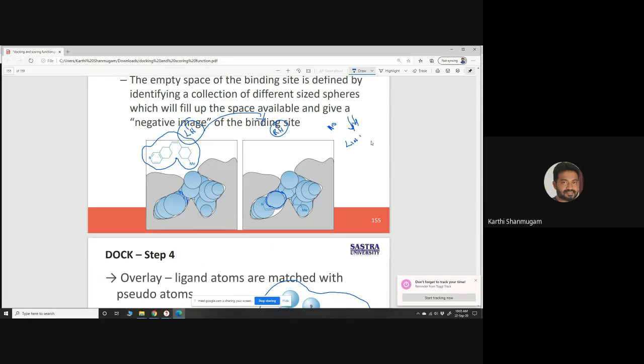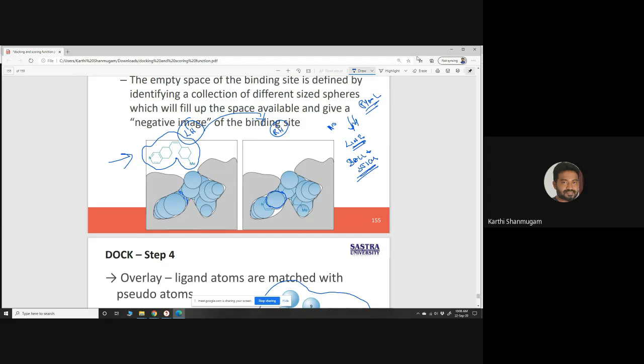The simplest type of representation is line. We have ball and stick. I think you have used PyMOL in some of your lab sessions. Small molecules can be represented as lines, ball and stick, or sphere. Here the representation of the ligand molecule is line.